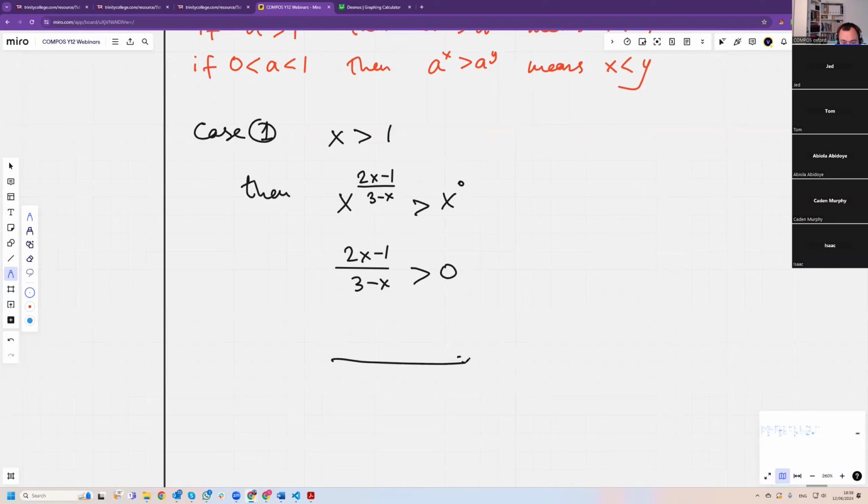And you can use the interval method here. So 1/2, 3. And also x is greater than 1, so that's your limitation, 1. And it's positive, negative, positive. And we need the positive one. So x belonging from 3 to plus infinity is a solution.